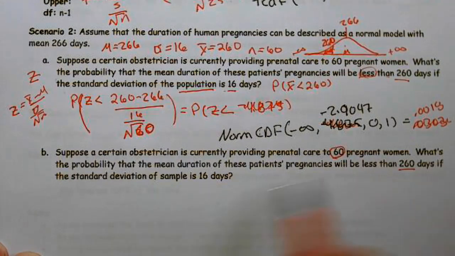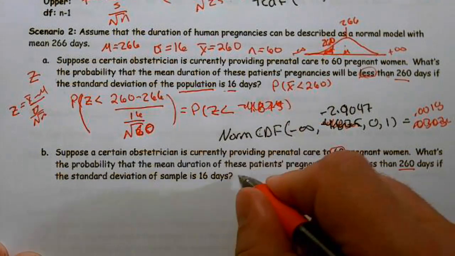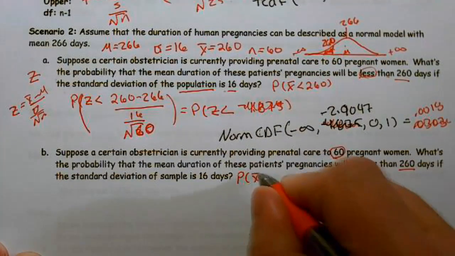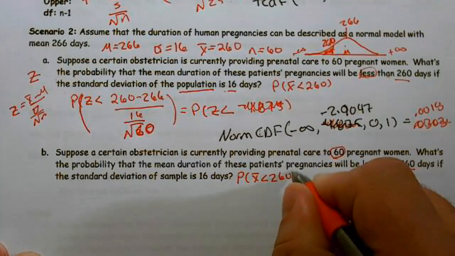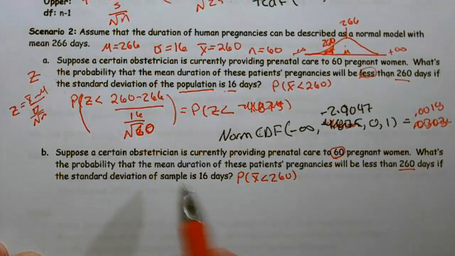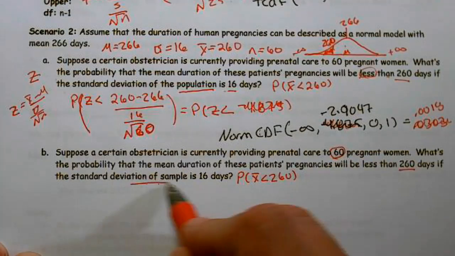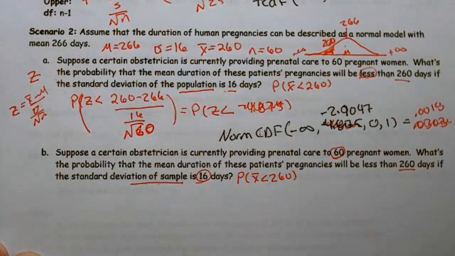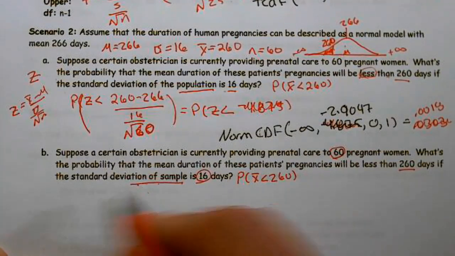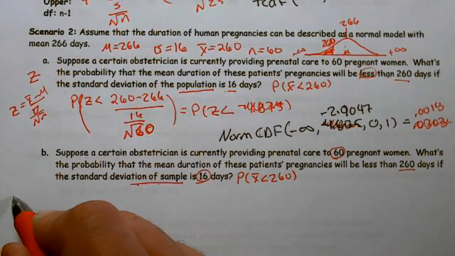So we want the probability that X bar is less than 260, which is what we have up here. So we'll go ahead and write that, the probability that X bar less than 260. If the standard deviation of the sample is 16. So now we have the standard deviation of the sample. So this is going to make this a T because the standard deviation of the sample. So here's what we have.